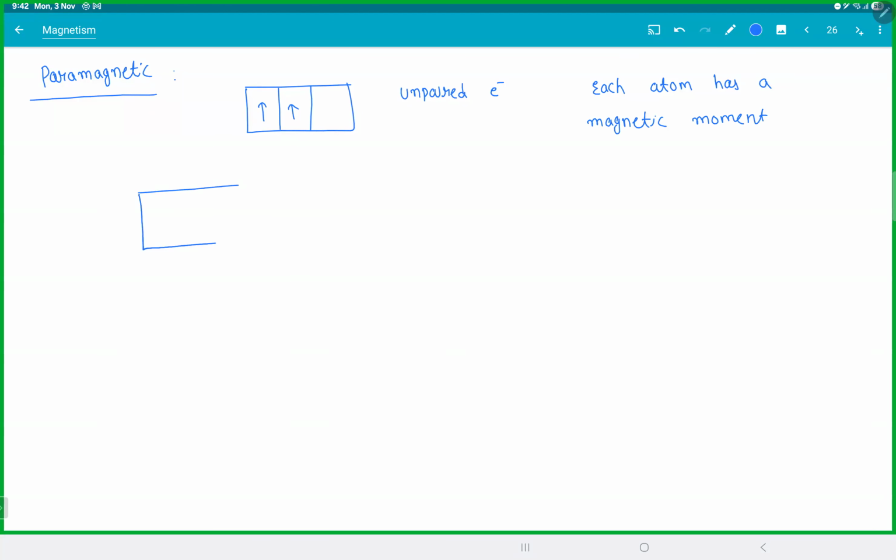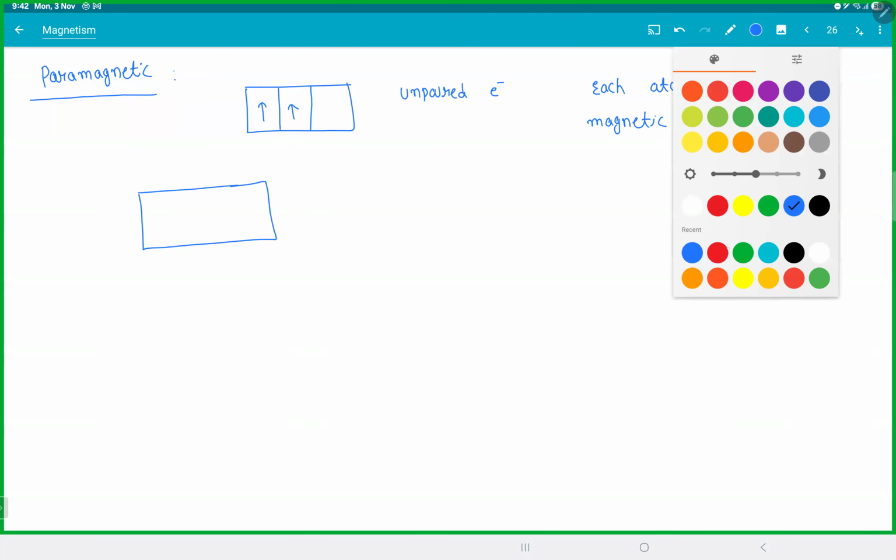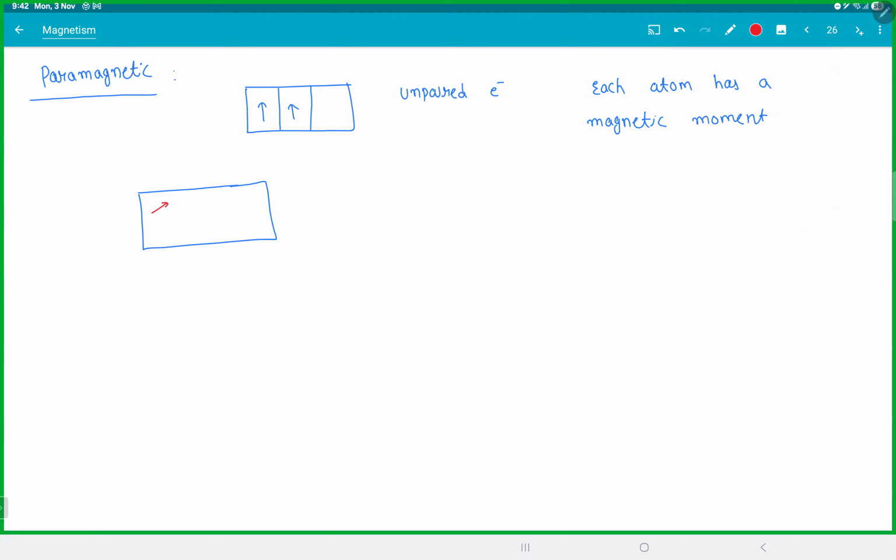When you look inside the material, you will notice even though each atom will have a magnetic moment, all these are completely randomly placed. There is no head and tail. So mu of the atom is not zero, but mu net is zero. That means if I give you diamagnetic powder and paramagnetic powder, you can't tell the difference.